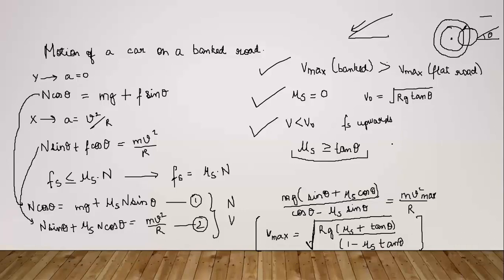Okay, so these things we cannot control. See, mu s is a constant value that depends only on the material. We cannot control that. Again, theta also we cannot control because it is the theta of the road, the banked road, we are not making that. So these values are basically used for construction purposes. When banked roads are being constructed, the people have to actually see so many conditions that should be followed, otherwise many things can lead to serious accidents.